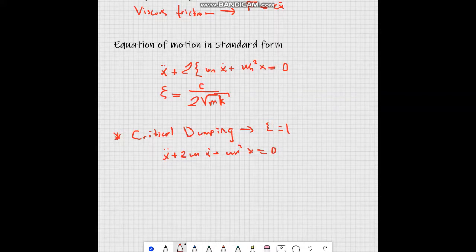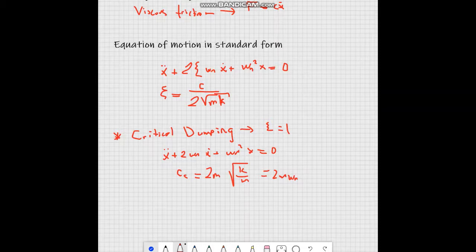And this c, the friction force for the critical case, is equal to 2m square root of k over m, which is equal to 2m natural frequency for the mass spring damper.